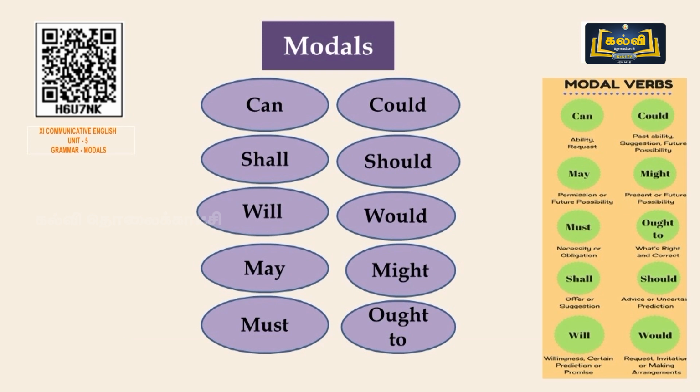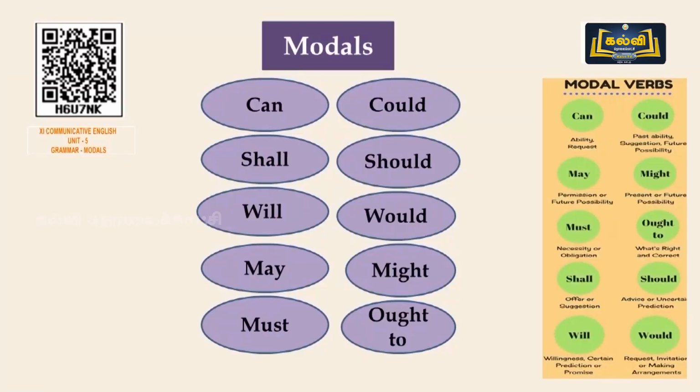Shall we see the types of modals? Yeah. Can, could, may, might, must, should, will, would, shall. Shall we just revise it again? Have a recap of those words? Yeah.